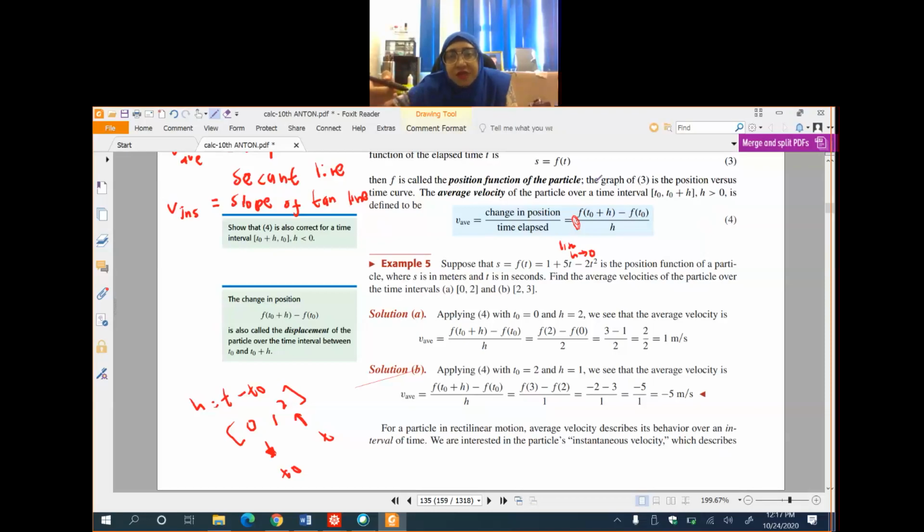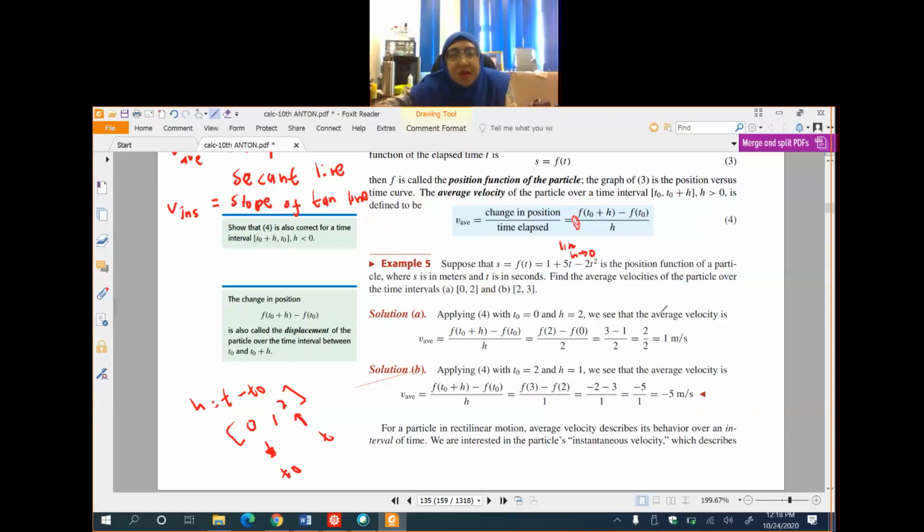For the second interval, our h will be t minus t naught, which means h is 1. So f of t naught plus h minus f of t naught divided by h. So f of 3 minus f of 2 divided by 1.